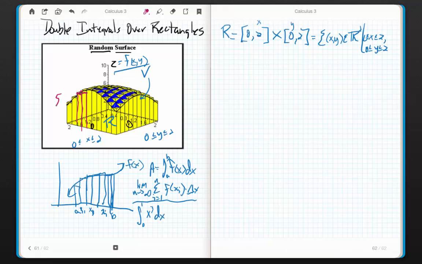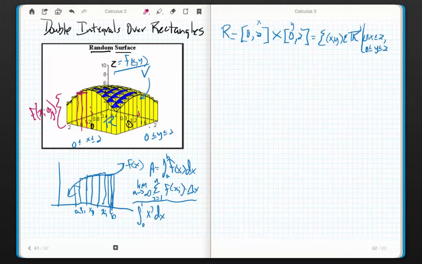Well, the height of that rectangle is f of x sub i, y sub j, right? Do you understand why it's a j instead of an i? Well, i's are already claimed. Our i's are going to sub-index x, and then we need another sub-indexing variable, which we're going to call j. So i's are associated with x, and j's are associated with y.